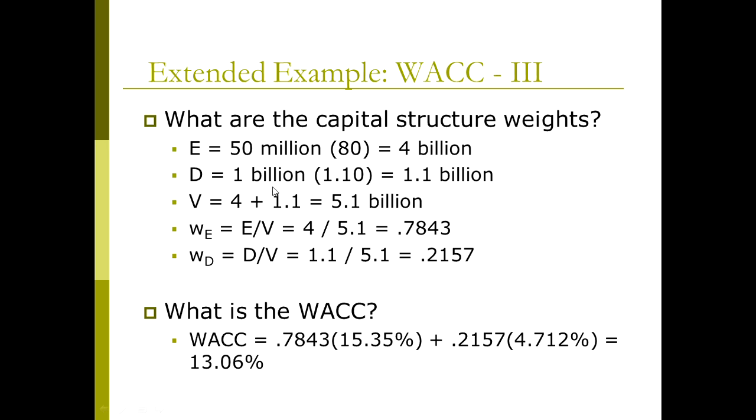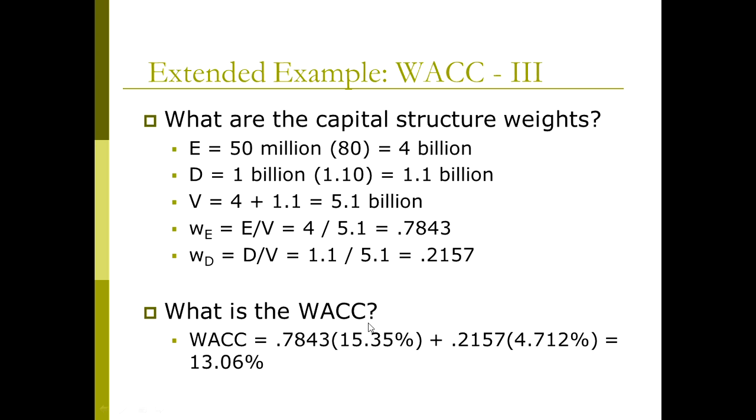Debt, $1 billion face value times 1.1, which is 110% price, which is a premium over the face value. So the total market value of the bond is $1.1 billion. Total value of the company will be the sum of the two numbers, $5.1 billion. The weight will be the ratio.